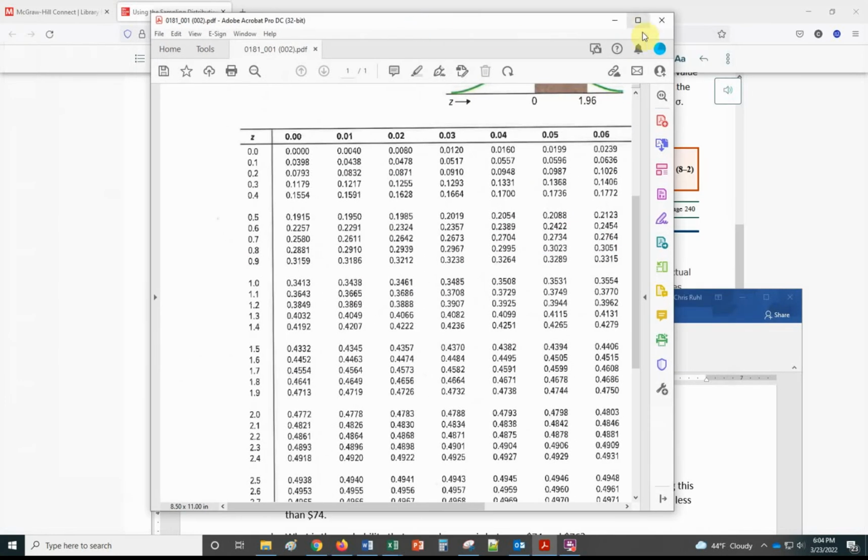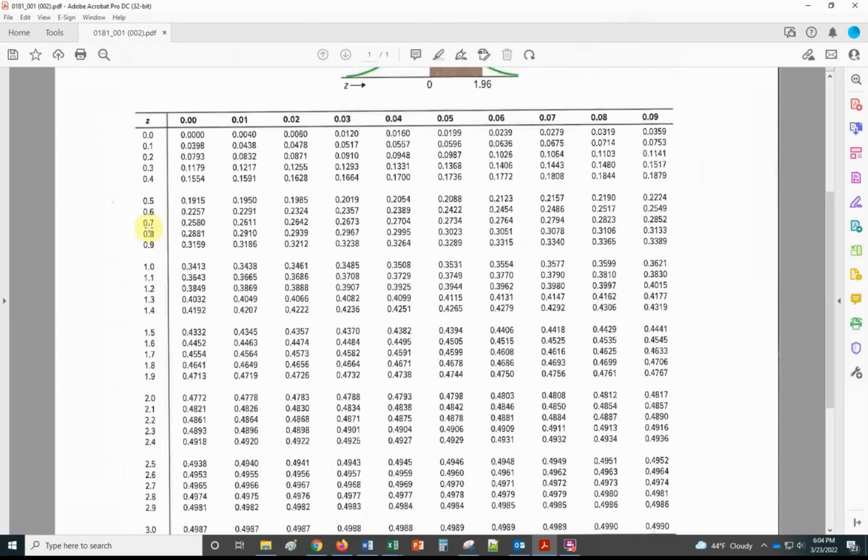Here's the table. Here's 1 right here. Here's 1.2, and it was 1.27, so we'll just come across here till we get to 7, and there it is right there.